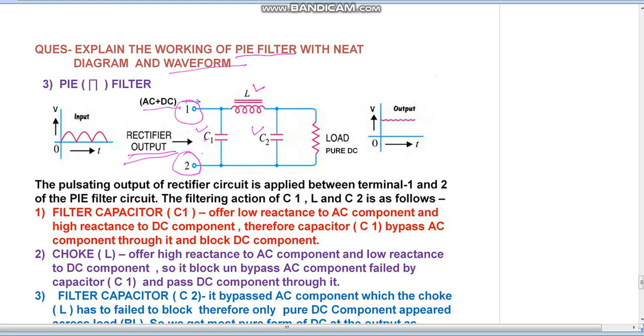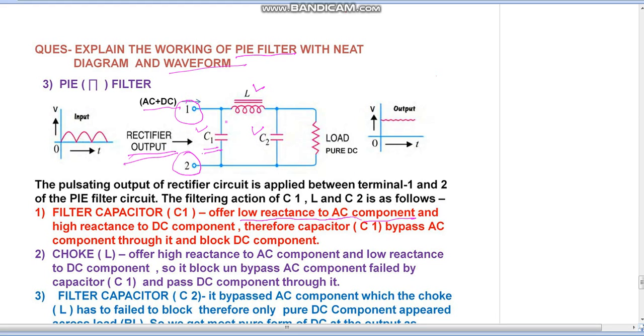The filtering action of capacitor C1, L and C2 is as follows. The first filter capacitor C1 shows very low reactance to the AC component.